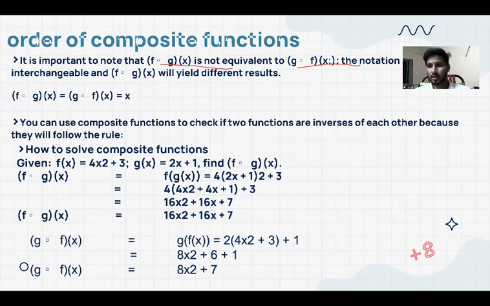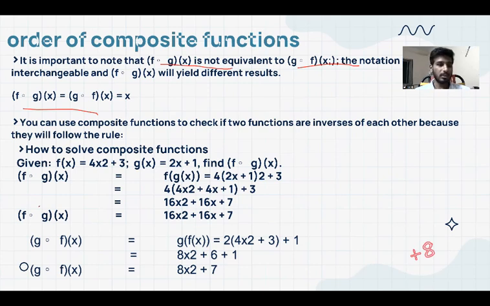When f circle g of x and g composition f of x are both equal to x, we can use the composite function to check if two functions are inverses of each other, because they will follow that rule. How to solve the composite function?